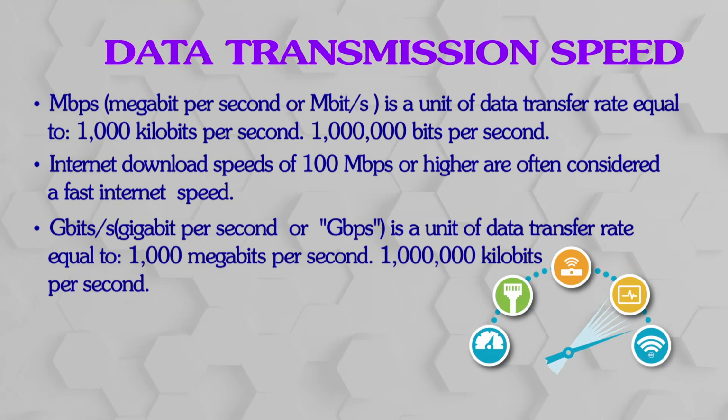Gigabits are much higher than this. A gigabit per second, sometimes called Gbps, is a unit of data transfer rate equal to 1000 megabits per second. So you understand the difference between the two: a megabit is 1000 kbps, and a gigabit is 1000 Mbps.